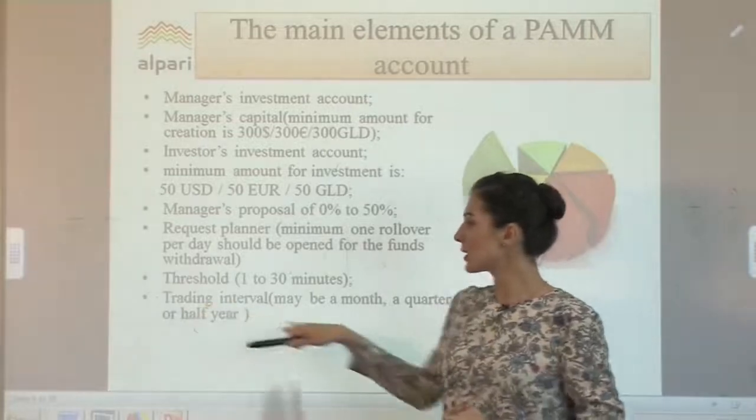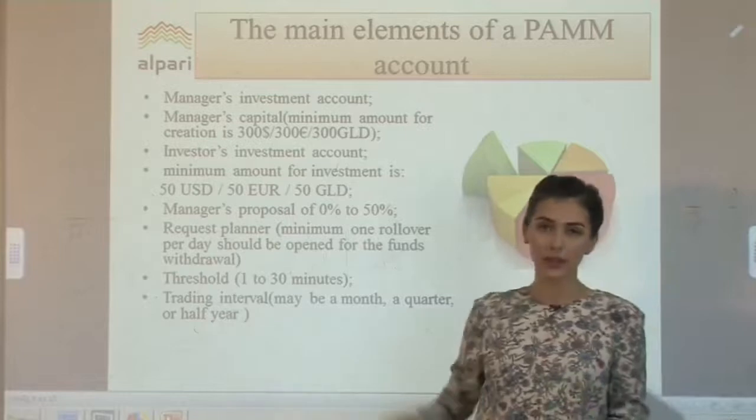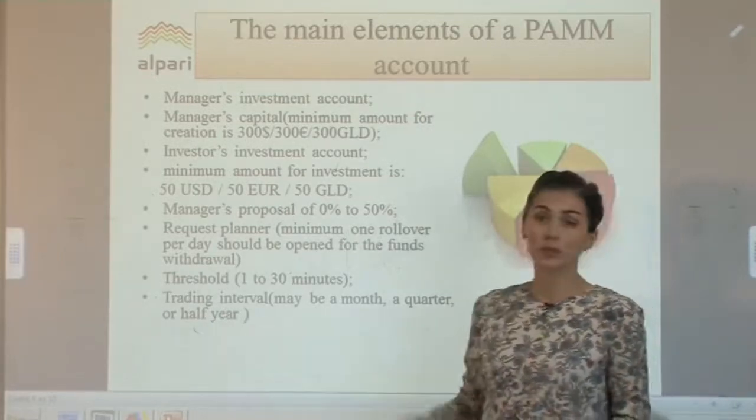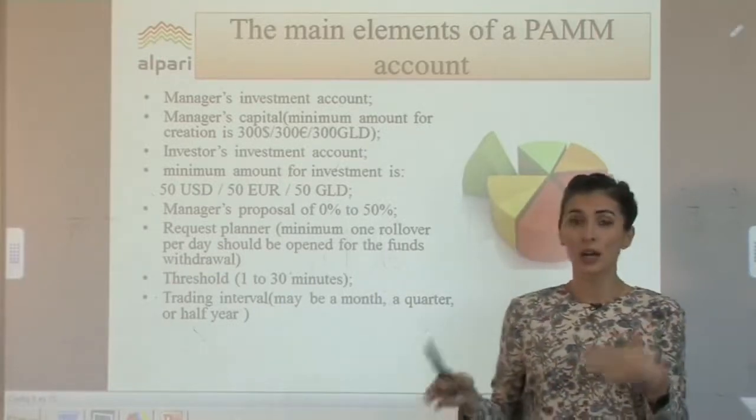The next key element is the trading interval, maybe a month, a quarter, or a half year, depending on the PAMM account manager's decision. This is the period of time after which calculations between the manager and the investor are made automatically.